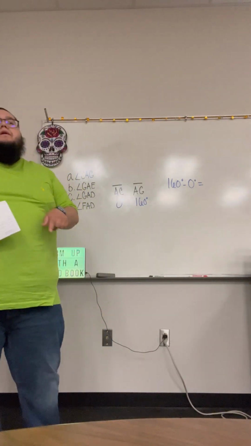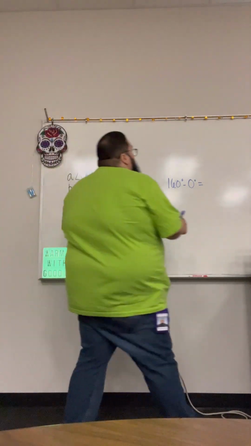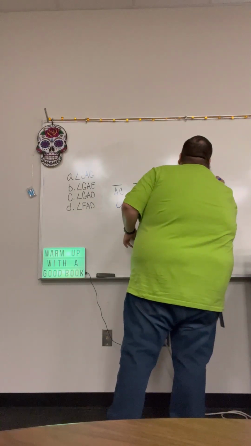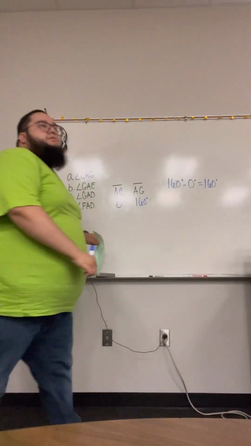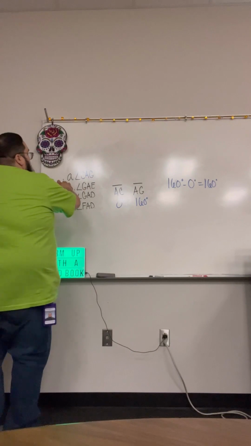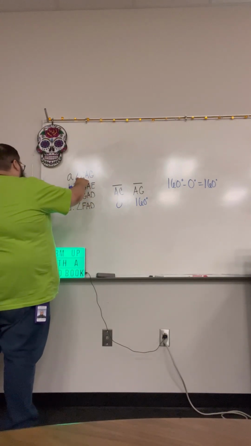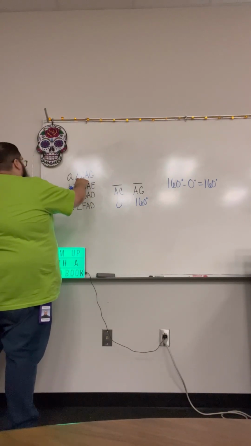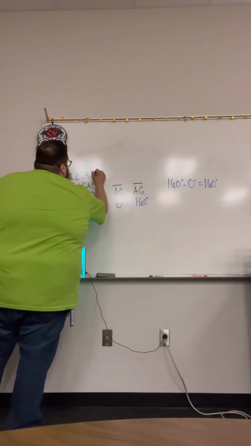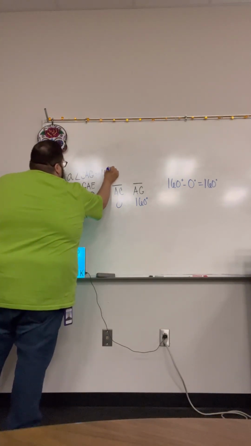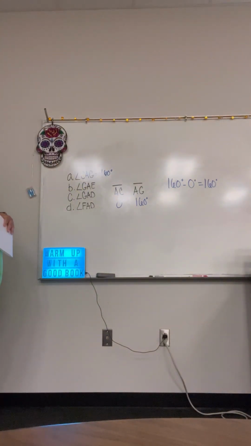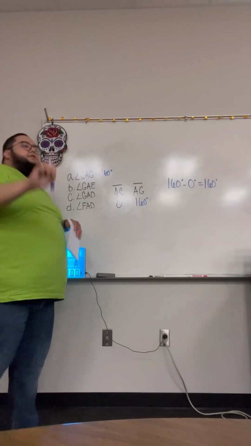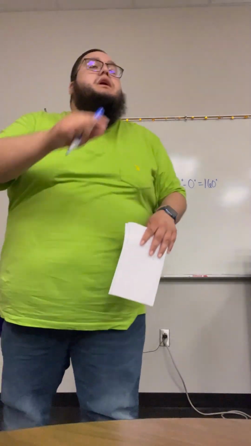What is that gonna give y'all? That is gonna give you the measure of 160 degrees. Good job. So our measure of CAG is going to equal 160 degrees, okay? Make sure you show your work on that first paper.